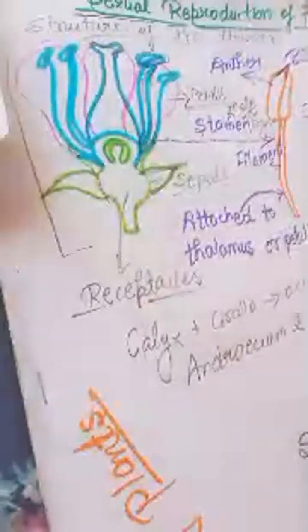Whereas androecium and gynoecium are the essential whorls, due to their direct involvement in sexual reproduction.